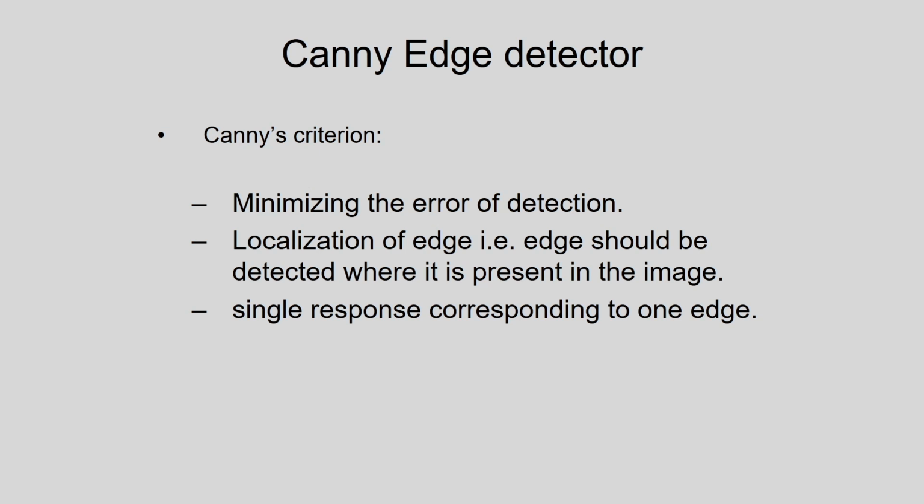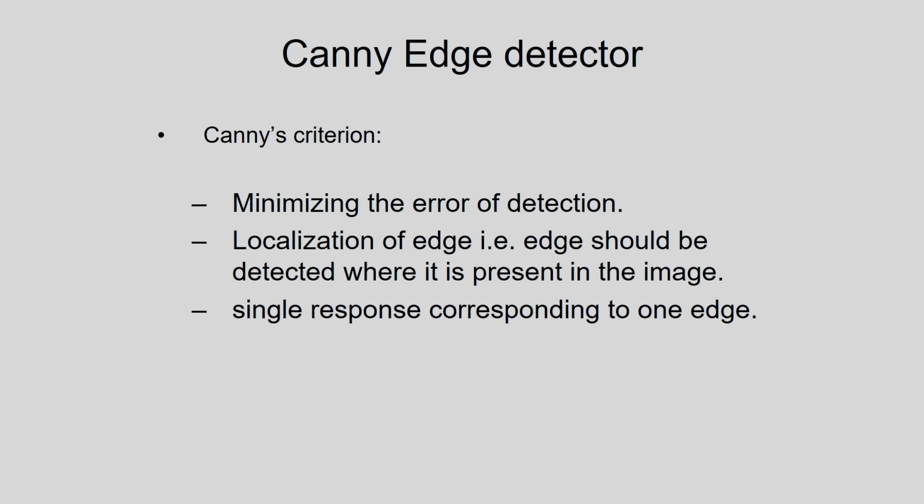That means an edge should be detected only when it is present; that is, the false alarms should be few. Another point is that the edge should be localized. Edge should be detected where it is present in the image. The next concept is singleness: multiple peaks corresponding to a single edge point should be avoided.